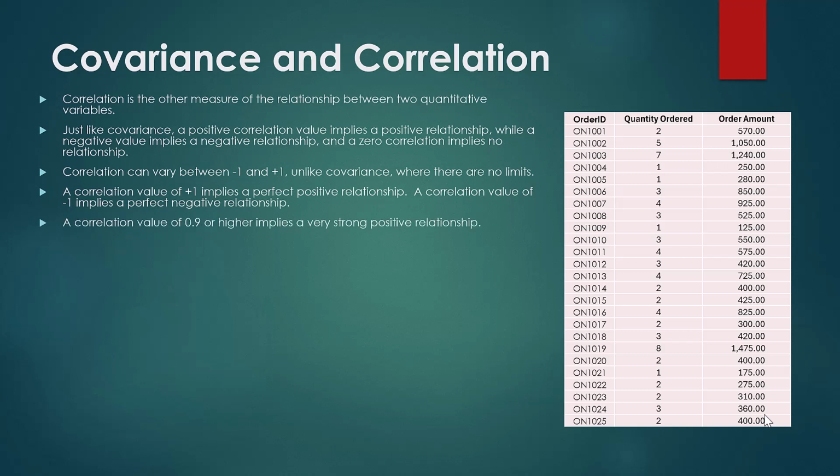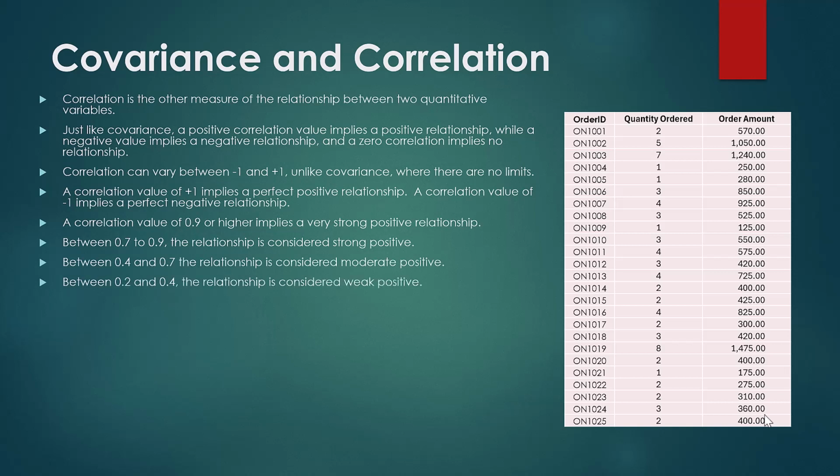A correlation value of 0.9 or higher implies a very strong positive relationship. Between 0.7 and 0.9 roughly, the relationship is considered strong positive, not very strong. Between 0.4 and 0.7 roughly, the relationship is considered moderate positive. Between 0.2 and 0.4, the relationship is considered weak positive. Between 0.001 and 0.2, the relationship is considered very weak but positive.